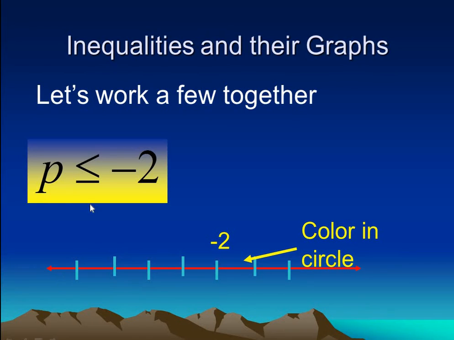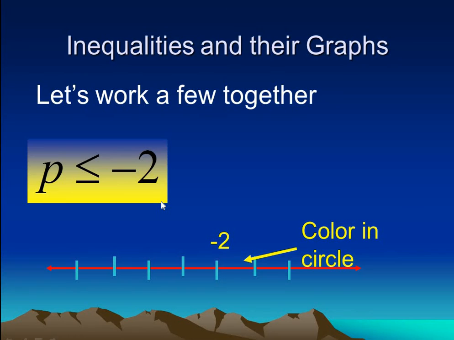Now, if I have an inequality with less than or equal to, p is less than or equal to -2, and I want to graph the solution of this inequality, because with inequalities, again I will repeat it, the solution is not one number, it's more than one number.